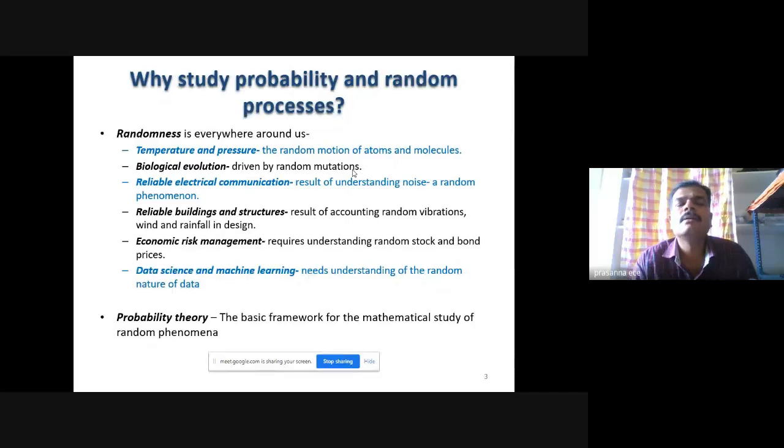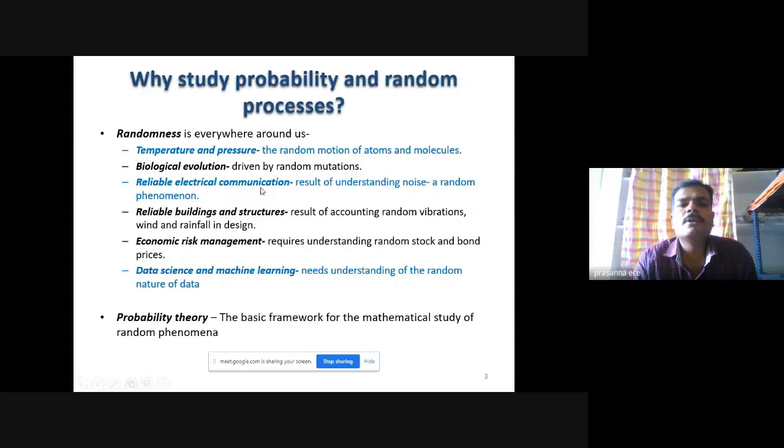When a living cell reproduces and grows, the genetic material also gets copied. In this process, some errors occur in the genetic material, which are called mutations. These random mutations, which accumulate over a period of time, give rise to new kinds of living beings. This is known as biological evolution.